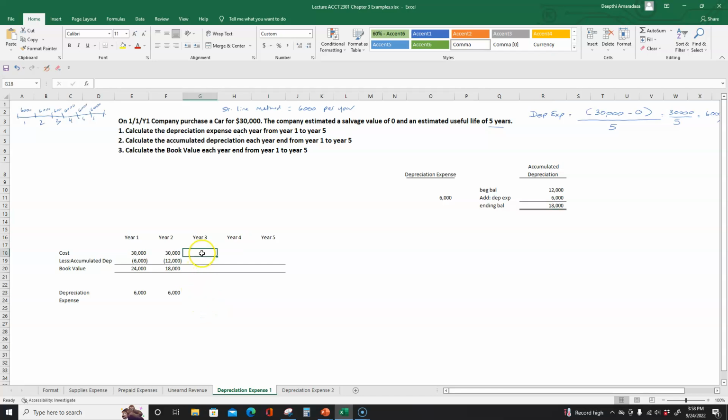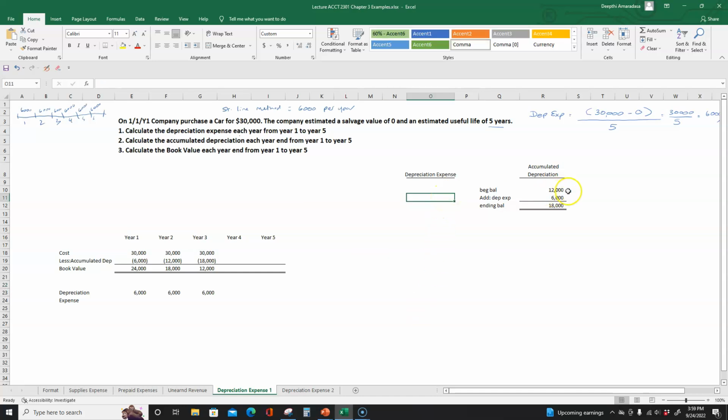When you're reporting it in the balance sheet, the cost of the car is still shown as 30,000, but accumulated depreciation shows now we've depreciated $18,000 of the car, which means the book value is 12,000. In the income statement, we're still going to show 6,000 as a depreciation expense.